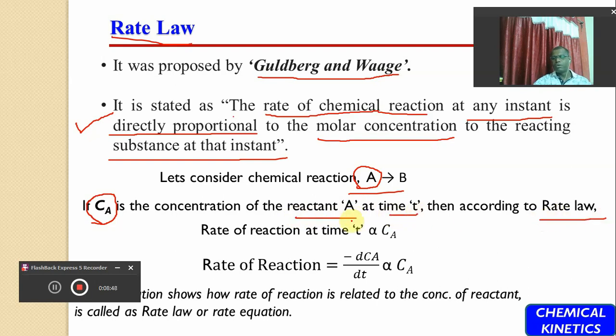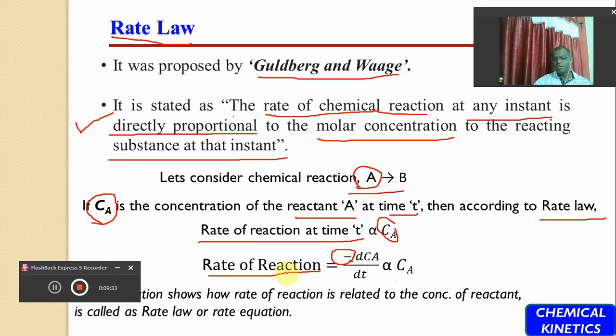Then according to the rate law, the rate of reaction at any time is directly proportional to the concentration of reactant, here C_A. So the rate of reaction can be written as an equation in terms of concentration of reactant as minus dC_A by dt, the decrease in concentration of reactant A with the change in time, and this negative sign indicates a decrease in concentration of reactant. So minus dC_A by dt is directly proportional to the concentration of reactant.